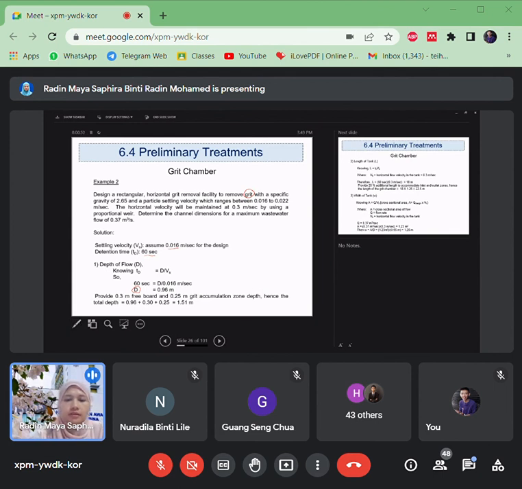So here, you provide 0.3 meter freeboard and 0.25 meter grit accumulation zone depth. Hence the total depth, you need to sum up the depth 0.96 plus 0.30, and 0.25.